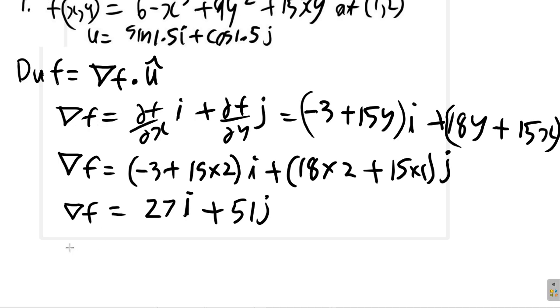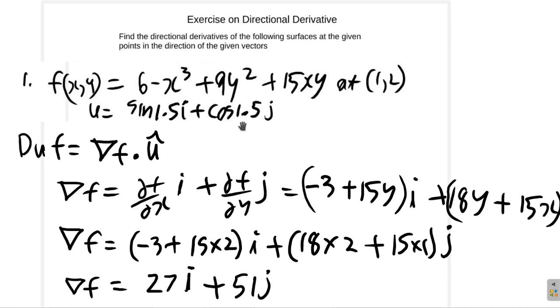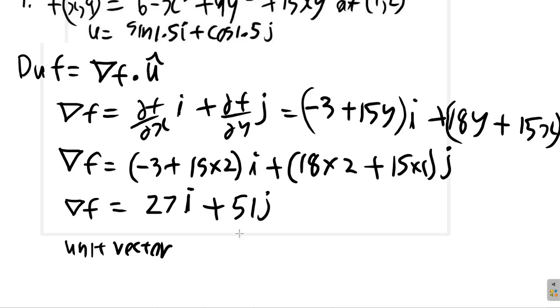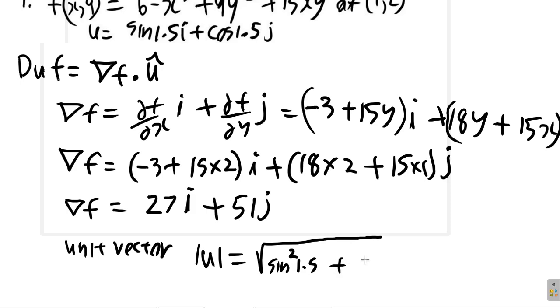Now, time to find the unit vector. We need the magnitude. Magnitude of u is equal to the square root of sine squared 1.5 plus cos squared 1.5.